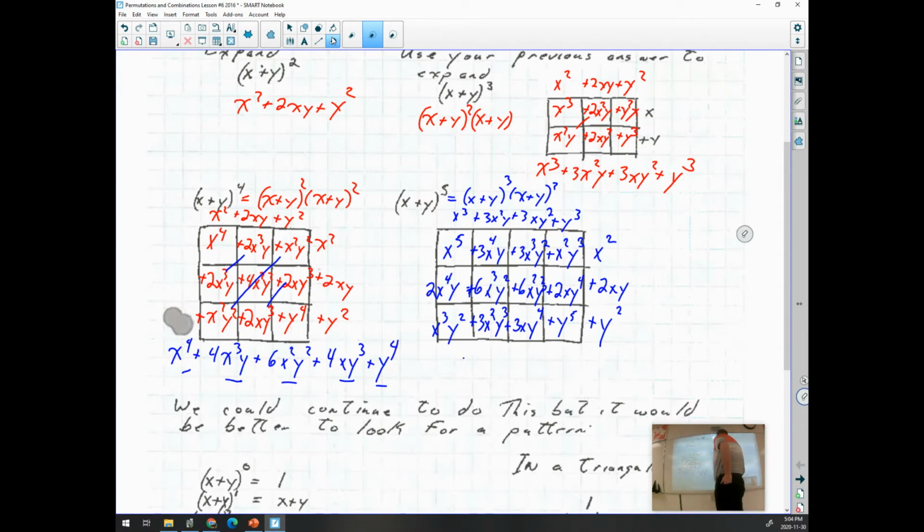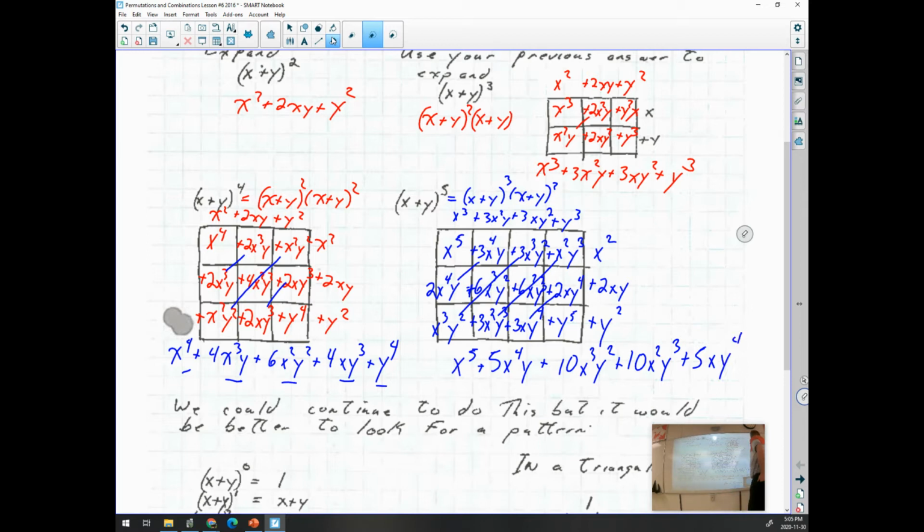Gathering our like terms: x^5 plus 5x^4y plus 10x^3y^2 plus 10x^2y^3 plus 5xy^4 plus y^5.